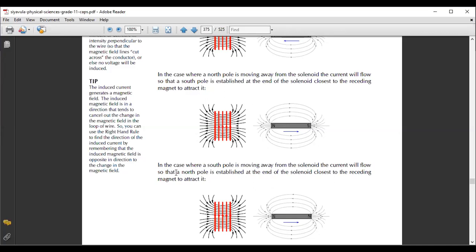And then this one, okay, this one is moving away, so the south pole is established at the end of the solenoid closest to the receding magnet to attract it. And with this one, the solenoid current will flow so that the north pole is established at the end of the solenoid closest to the receding magnet to also attract it.